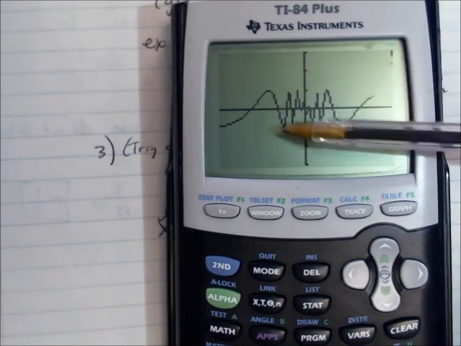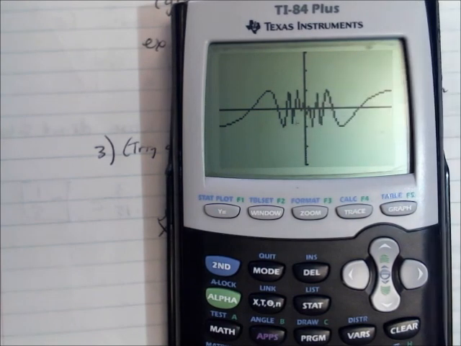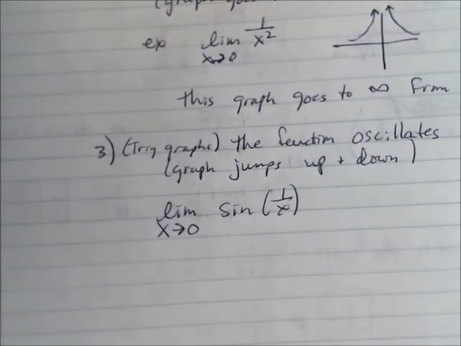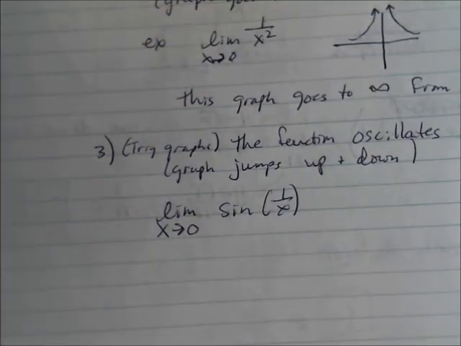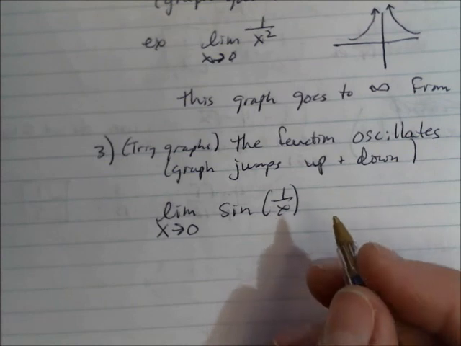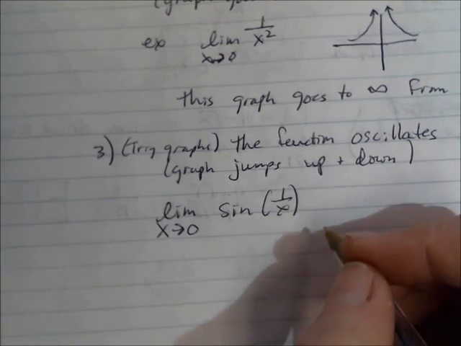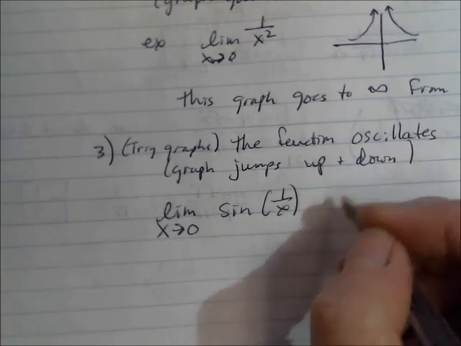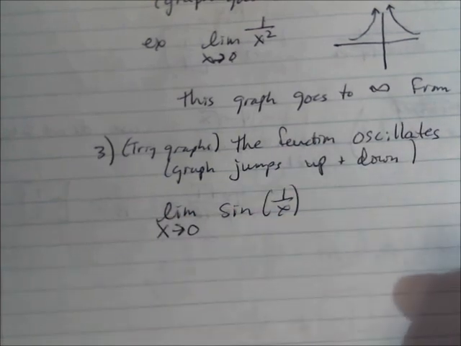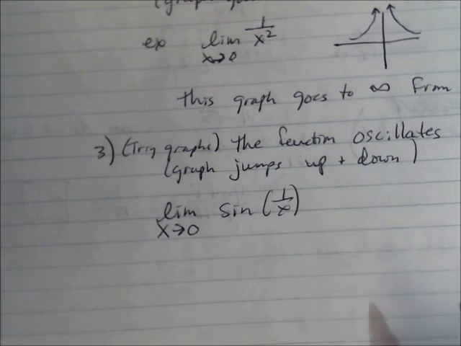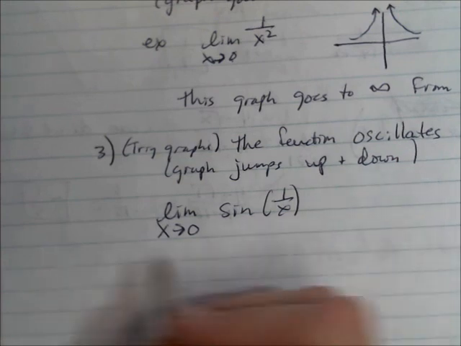So this graph is actually jumping up and down, and if we keep zooming in, you can see more and more oscillation. This graph actually goes from -1 to +1, -1, +1 if we keep on shrinking our windows down. So that is the third reason why a limit would fail to exist. And I think that's about it for today.